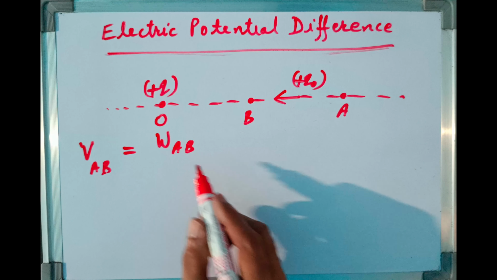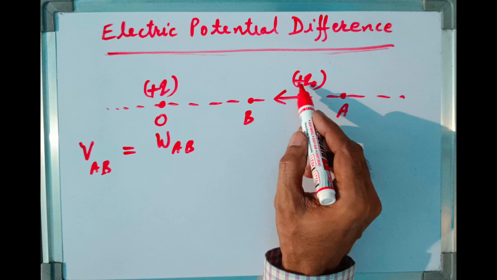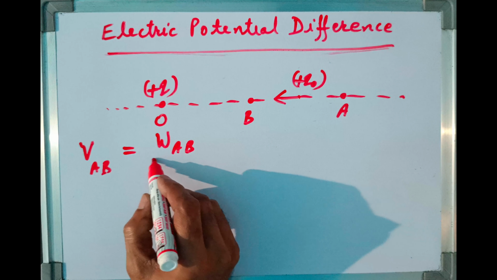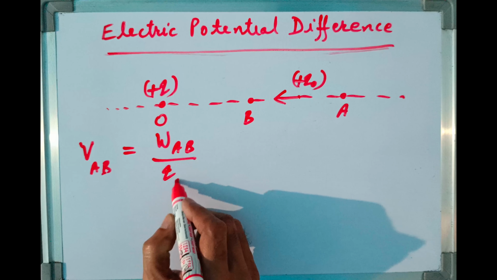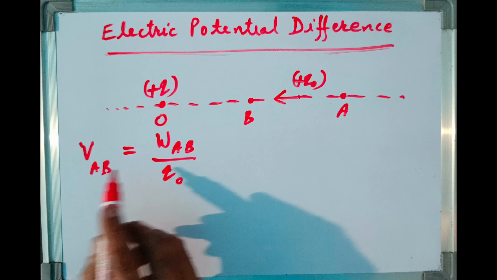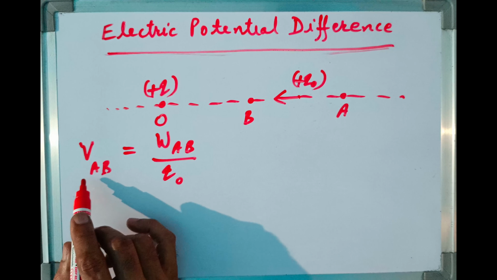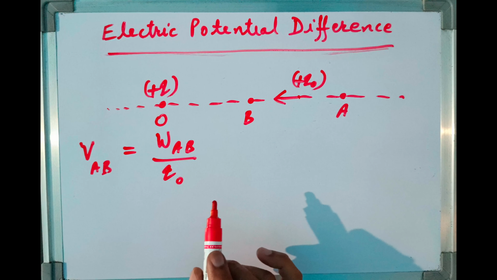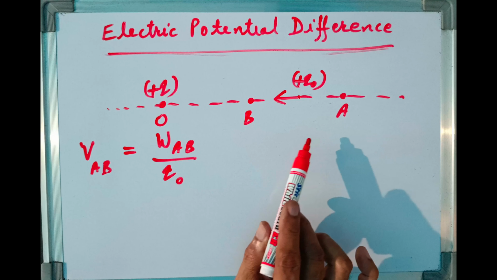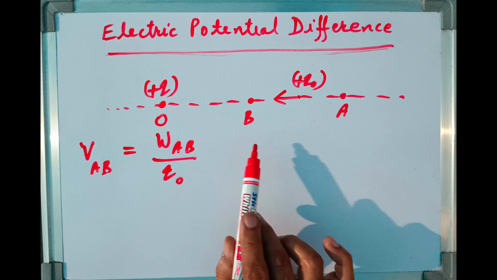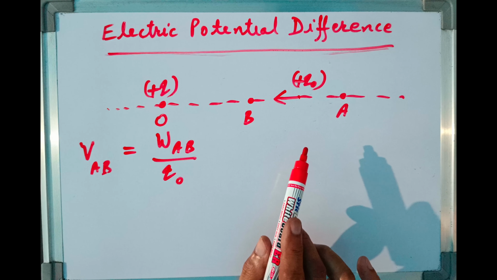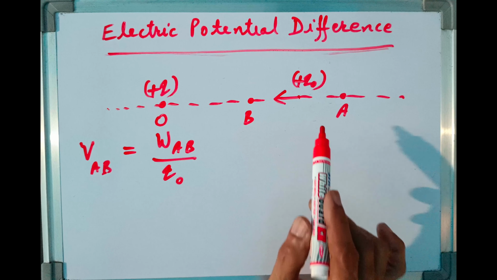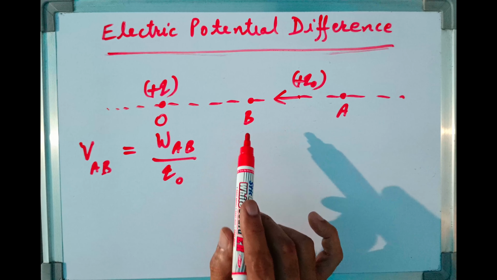If WAB represents amount of work done in moving this test charge plus Q naught from A to B, if I divide this by the magnitude of test charge, then the result I get is called electric potential difference between points A and B. So, potential difference between 2 points can be defined as amount of work done in moving a unit positive test charge per unit, means unit positive test charge from one point to the other.